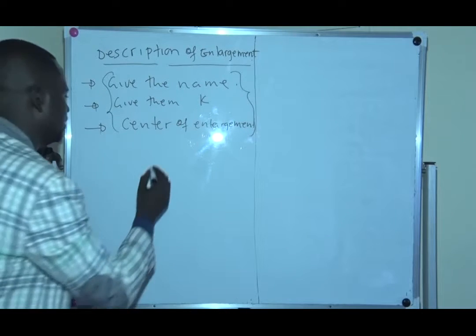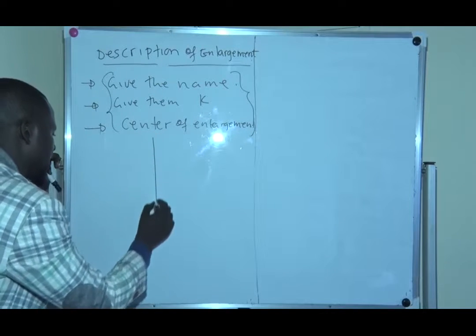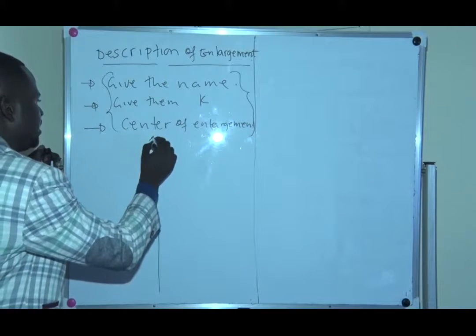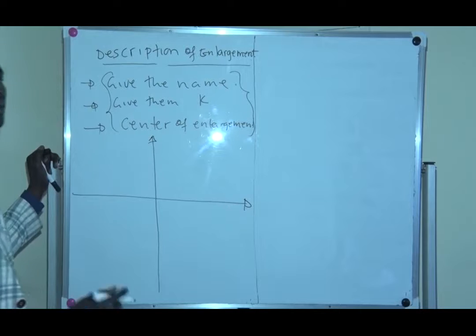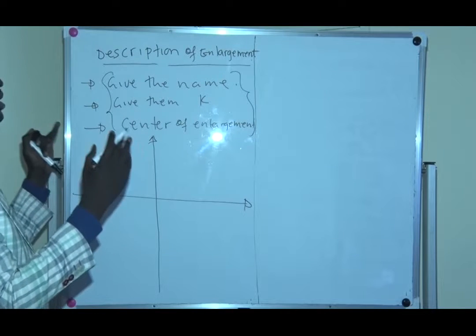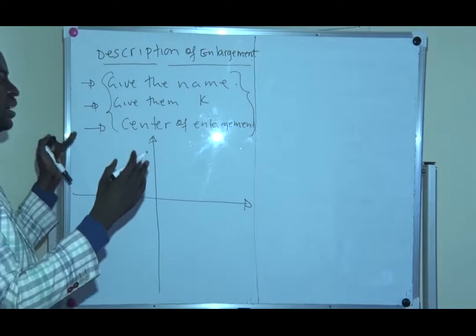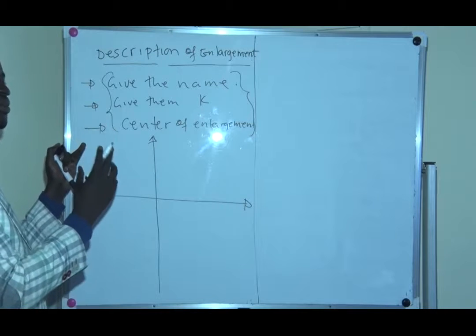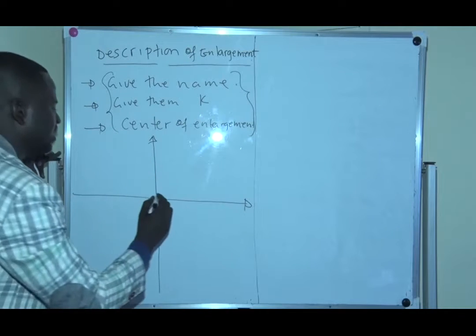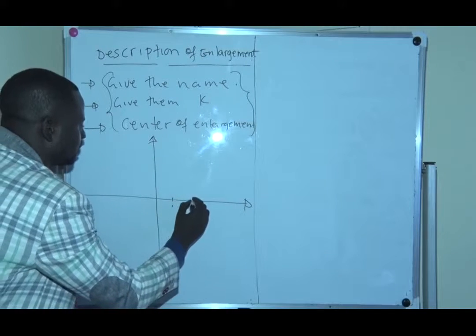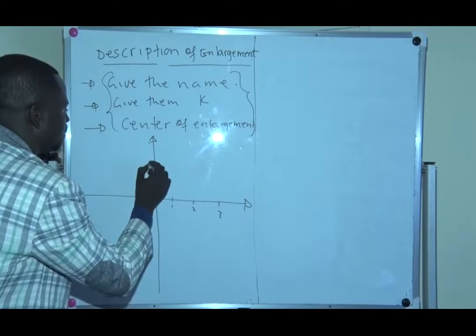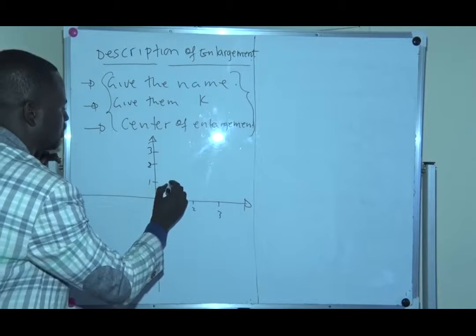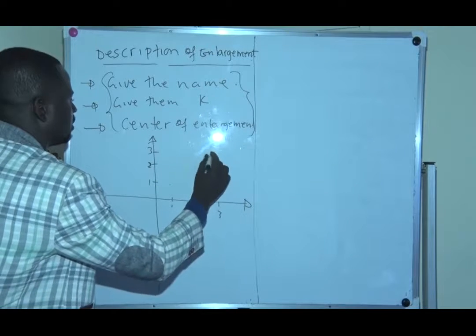For example, if you've got something like this, enlargement, you can only identify it using your eyes. Remember I told you they should have a similar shape, but one can be smaller, one can be bigger, like in this scenario.